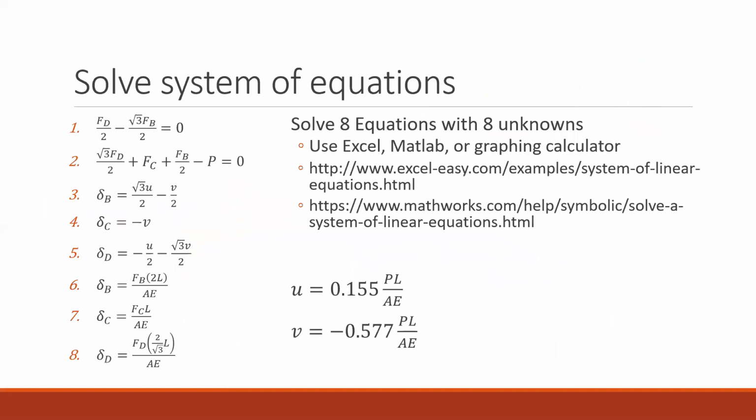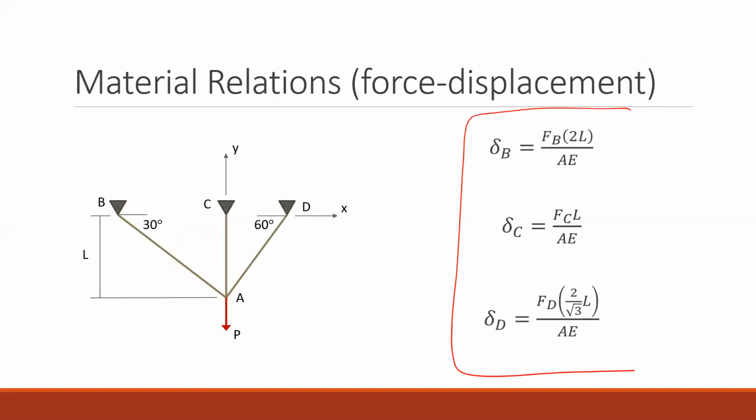So then you get these 3 different equations for your elongations. That's kinematics. And then material relations, each of those is equal to FL over AE. The only reason that they look different here is because I defined this as my length, which means that I can use these triangles to get, say, LAD and LAB, but they're all going to be functions of that dimension that I've defined as my length.